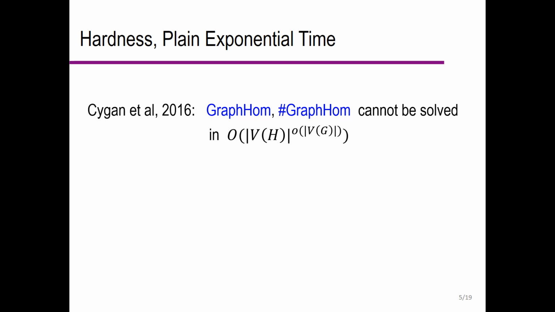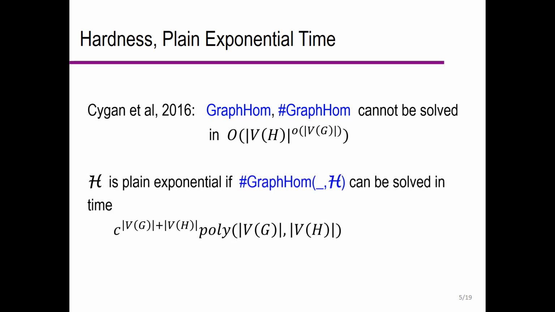So we are using the following concept for a class of graphs. We say that a class of graphs H is plain exponential if the counting graph homomorphism problem of H can be solved in time exponential, where the base of the exponent is some constant and the exponent itself is linear in the number of vertices of the input graphs.